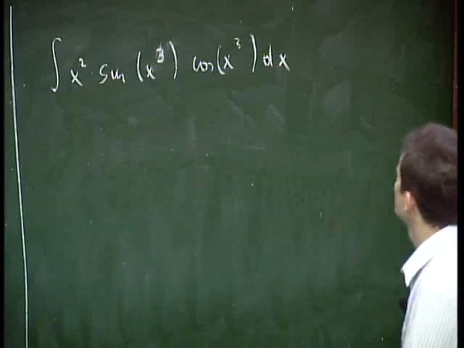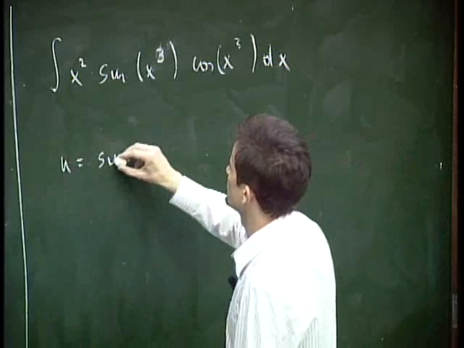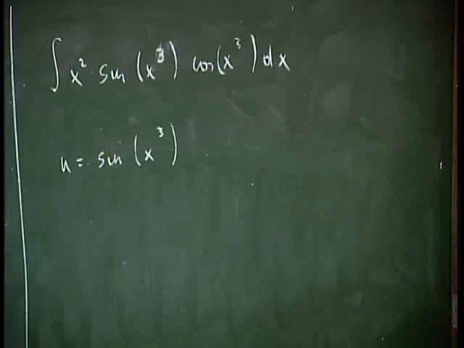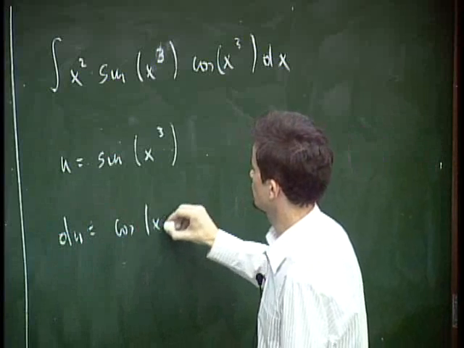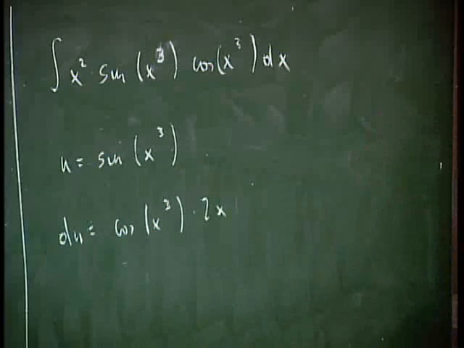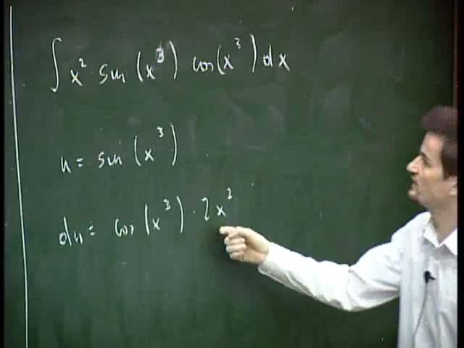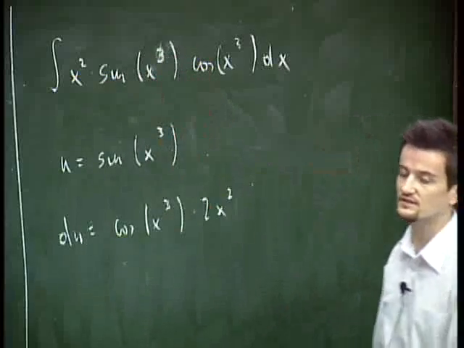For instance, a substitution which certainly works is sine of x to the cube, because you realize that the derivative of this function is the cosine of x to the cube times 2x, okay, which is more or less a constant, which is more or less the remaining part.